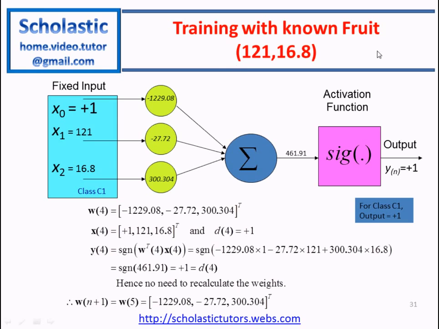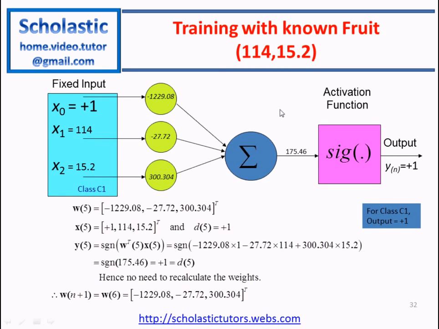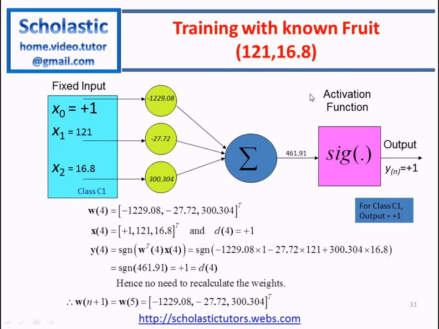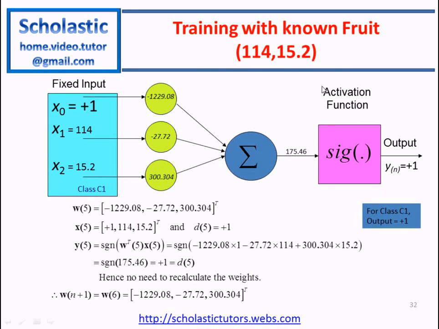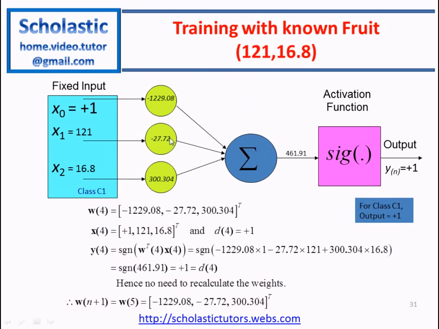With this fruit we got the desired answer, class C1. We got +1 out. That means our fruit 121, 16.8 is correct. This is the one we missed out. This was the first one which was correct, and then we went to the second one and changed the weight. So by right we need to check it back.